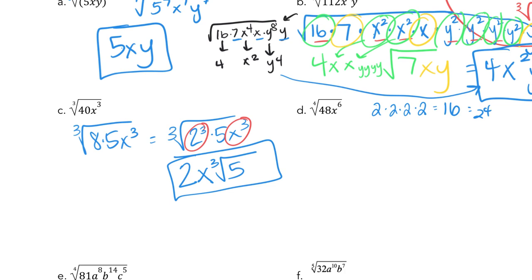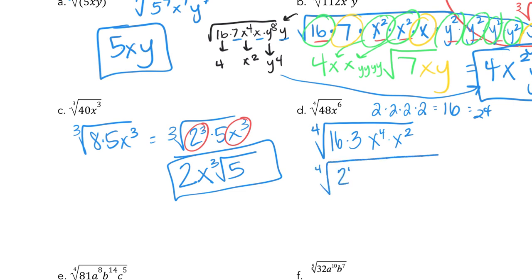If I can write 48 as a factor of 16, then I am very stoked about that. 48 is 16 times 3. And x to the 6th, I'm going to write as x to the 4 times x squared, so that there are 6 x's there. I'm going to show this step writing 16 as 2 to the 4th, and then I'm just going to carry everything else down.